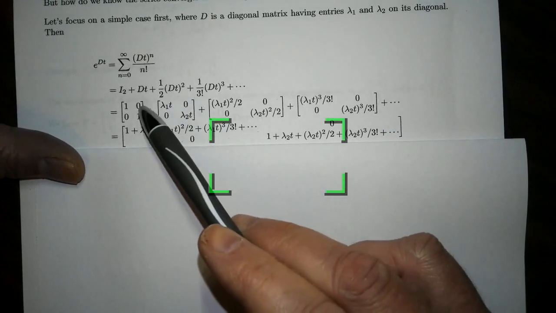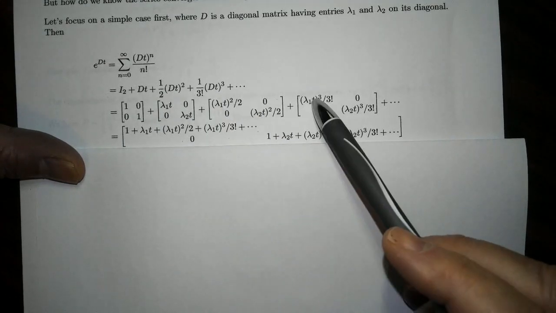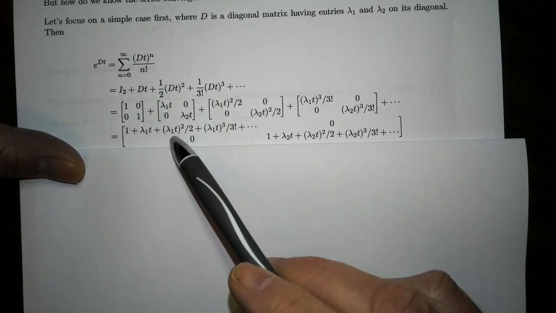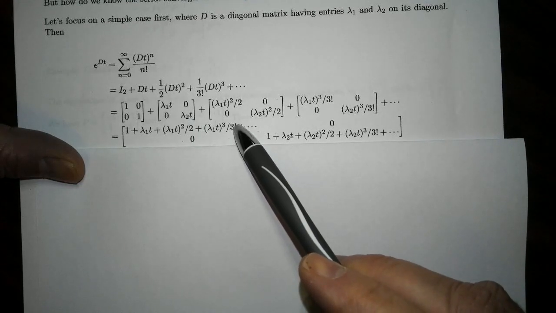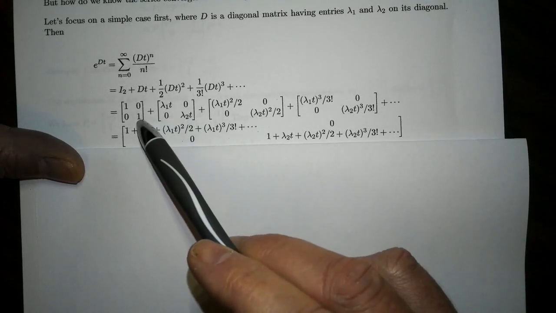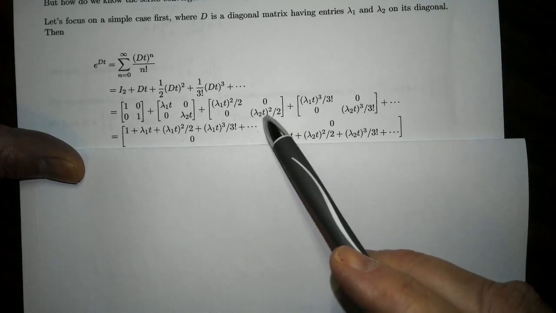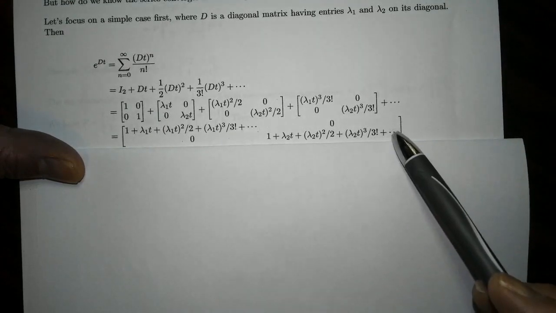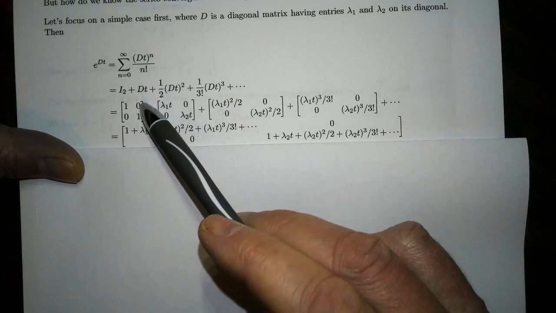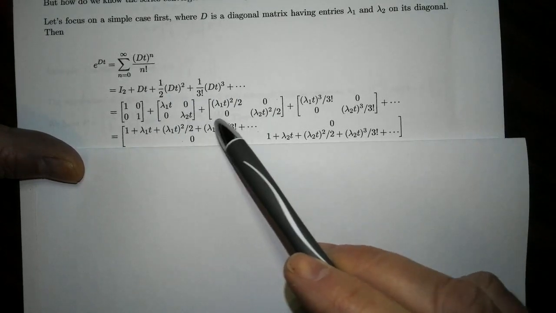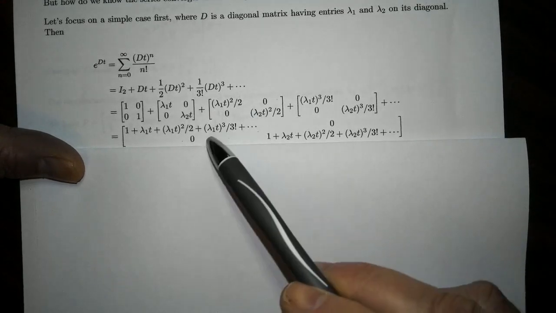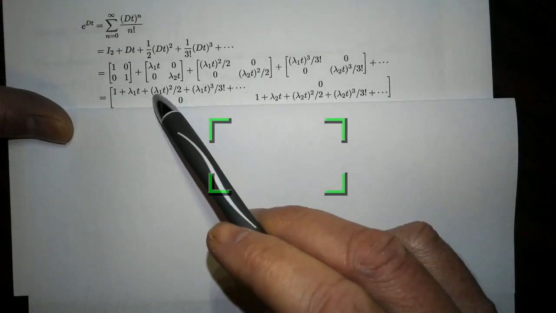So if I add the top left entries, I would get 1 plus lambda 1 t plus lambda 1 t quantity squared over 2, and so on and so forth. If I add the bottom right entries, I would have 1 plus that, plus that, plus that, which we see right there. If I look at the top right entries, I'd have 0 plus 0 plus 0, and so on. And the bottom left entries, I'd have 0 plus 0 plus 0, and so on and so forth. Take a look at this right here.